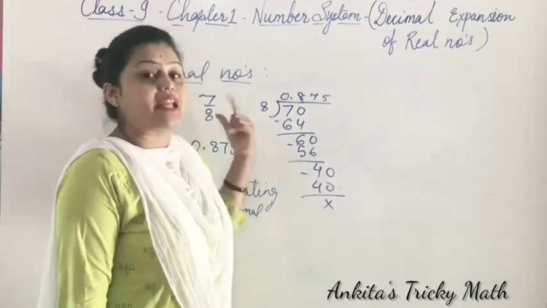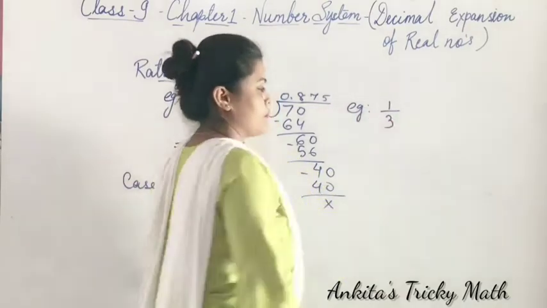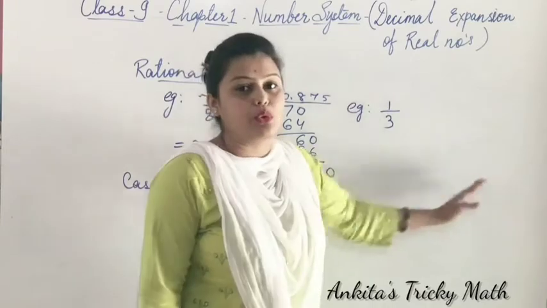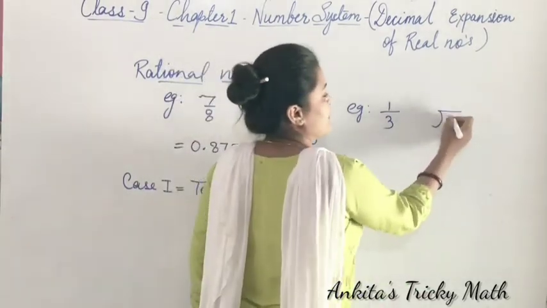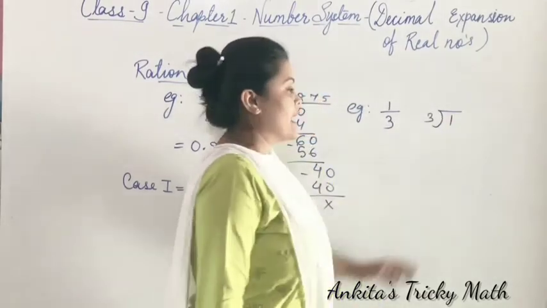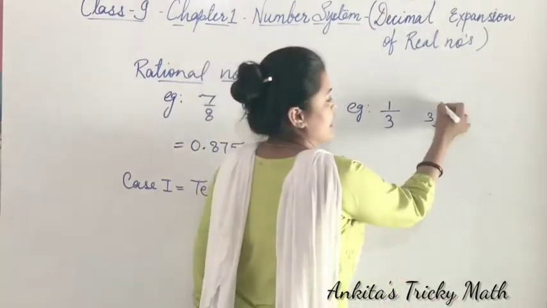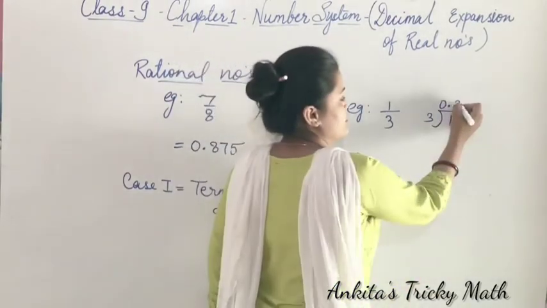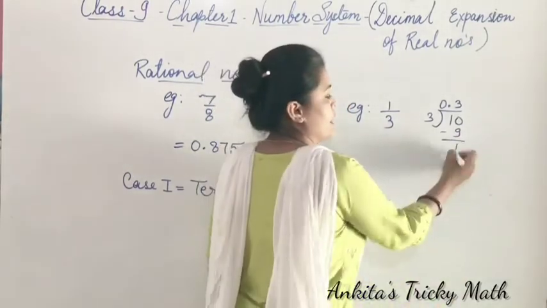Now we will take another example, 1 by 3. This again is a rational number and we have to put it in decimal form. So we will divide 1 by 3. As it cannot be divided, we place 0 and here the decimal. 3 3s are 9. 10 minus 9, 1.